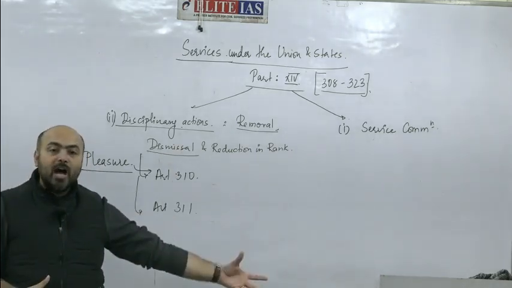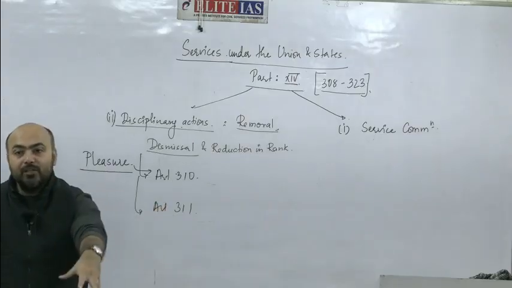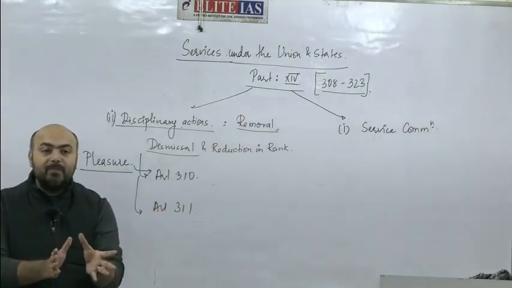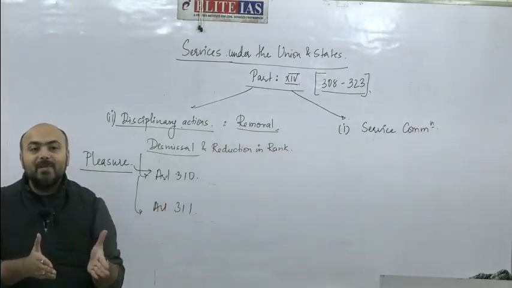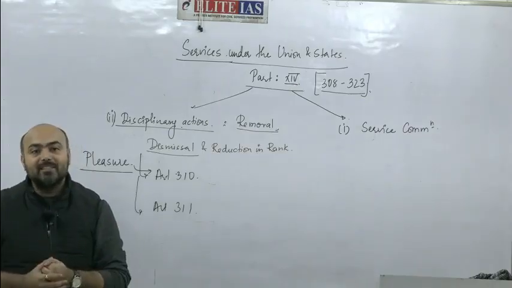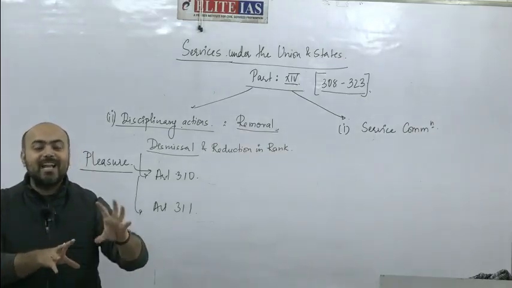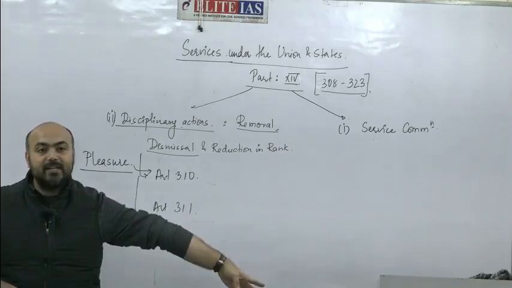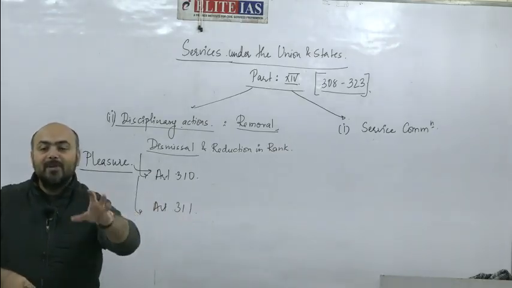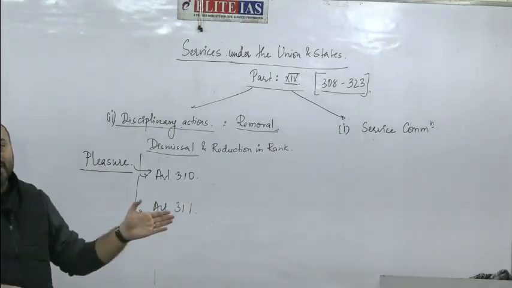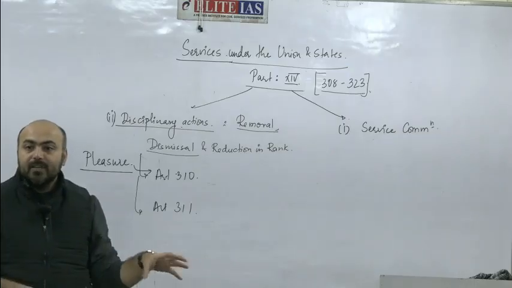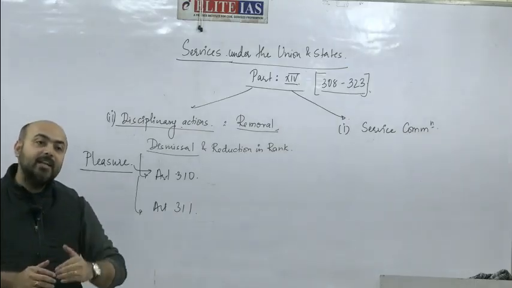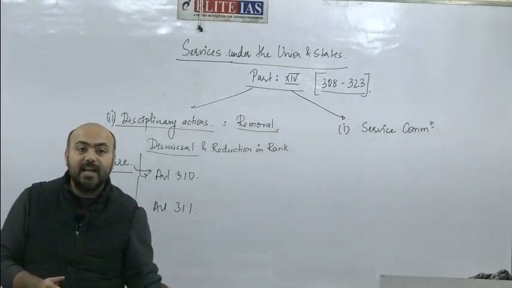After your training, there is a probationary period. Recently there has been some change in how IAS officers are trained. Previously you were directly sent to the state. Now that is not the case. There are some 90 or 100 days of training and probation in the central secretariat, and then you are sent to the allocated state cadres.